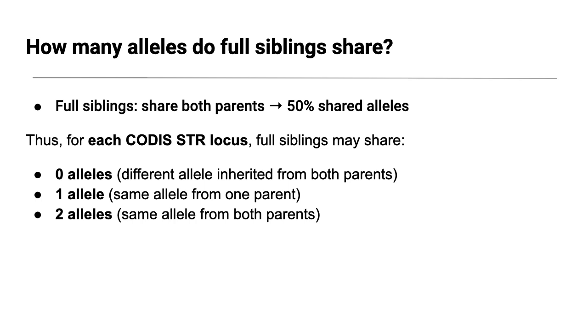Sharing 1 allele means they inherited the same allele from one parent. Sharing 2 alleles means both inherited identical alleles from both parents. This variability is why siblingship testing relies on statistics rather than simple matching.